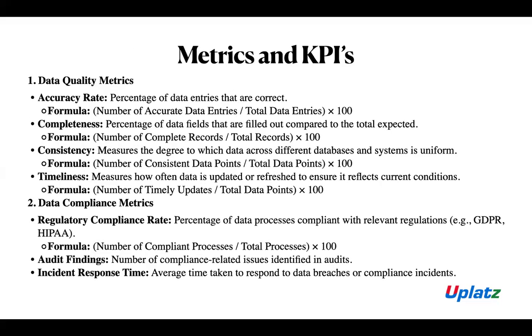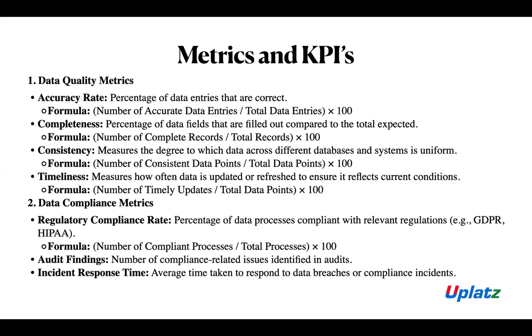So in the second one, the data compliance metrics, we have regulatory compliance rate, the percentage of data processes compliant with relevant regulations. Examples: GDPR, HIPAA. The formula for this will be number of compliant processes divided by total processes, whole multiplied by 100.